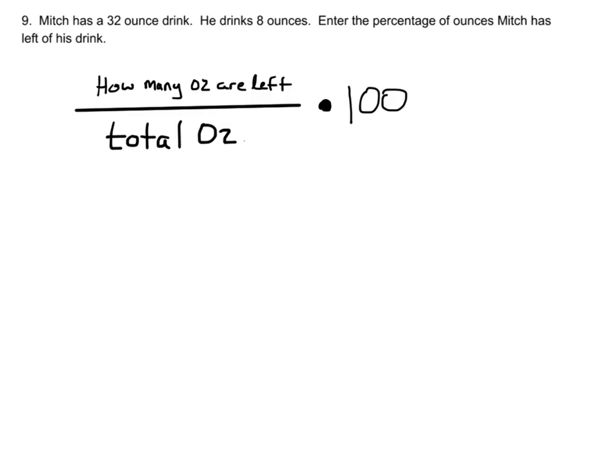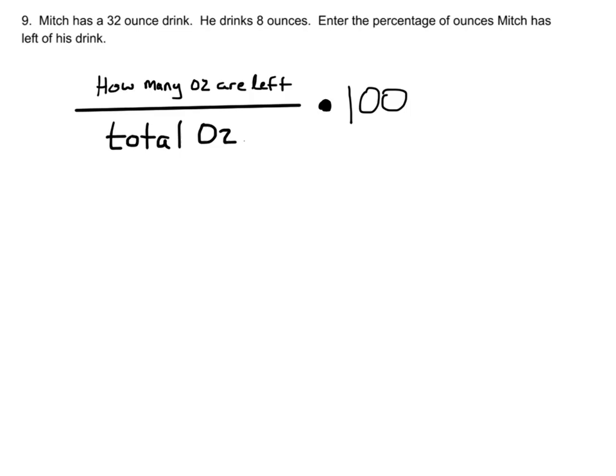Number 9. Mitch has a 32-ounce drink. He drinks 8 ounces. Enter the percentage he has left. So what do I have to do? How many ounces are left divided by the total ounces?